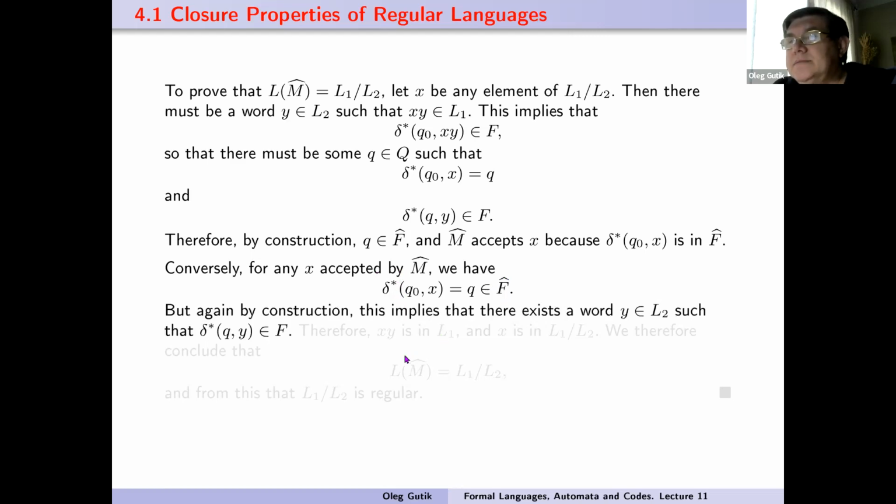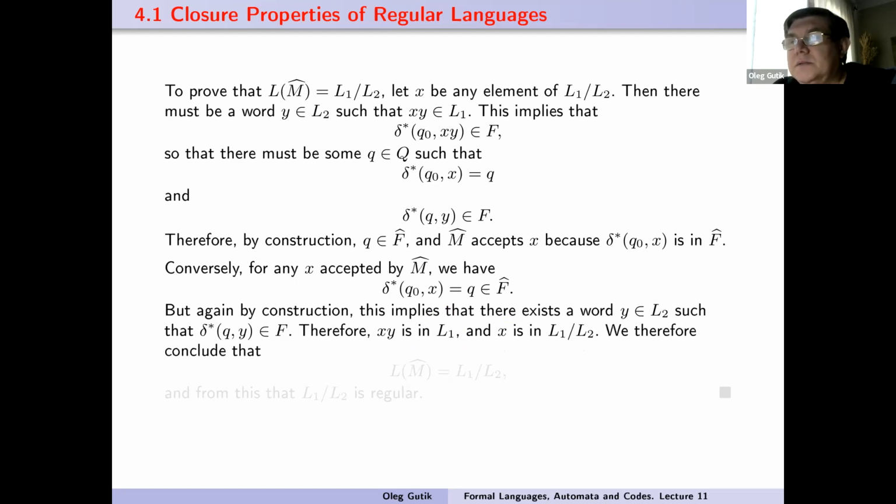But again, by construction, this implies that there exists a word y from the language L2 such that delta star of qy belongs to the set of final states of automaton M. Therefore, the word xy belongs to the language L1, and the word x belongs to the right quotient of language L1 with the language L2.